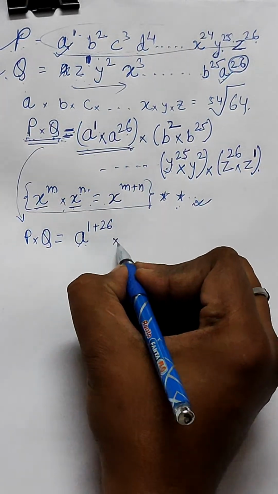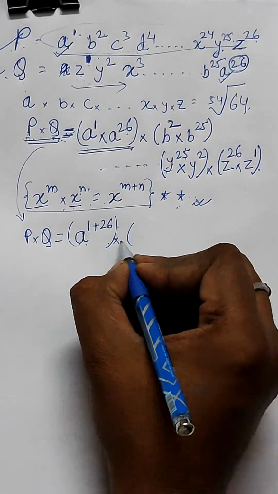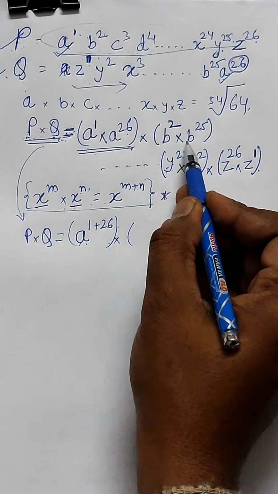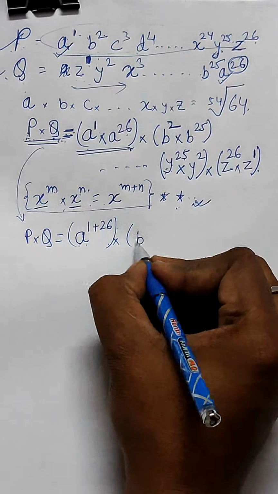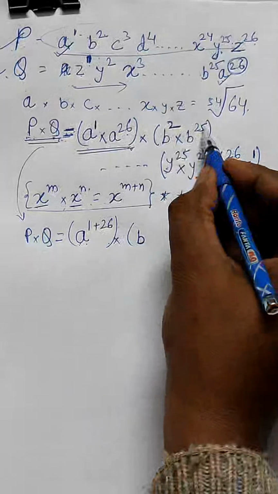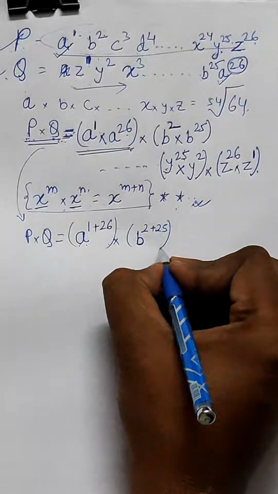Now this will be the first braces answer, and going to the second one, you can see the base is b over here. Here 2 and 25 will be adding up, right?